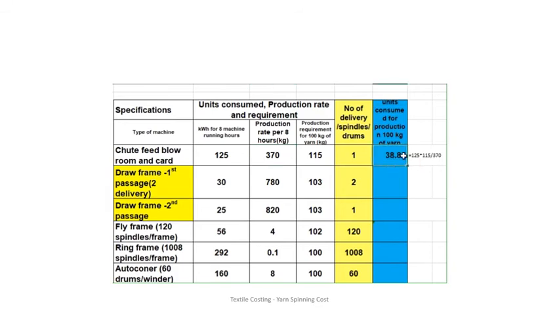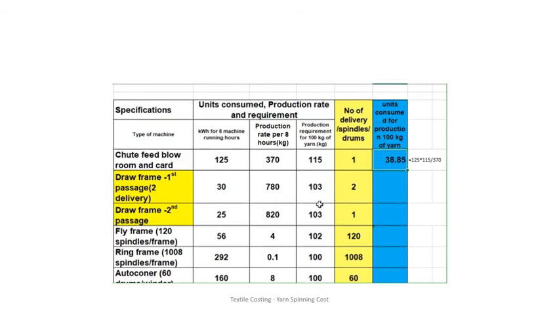So we get the units consumed to be 38.85 for the card and blow room totally for 100 kg of yarn production. Next, first passage of the draw frame, similarly 30 into 103 divided by 780 into 2. So 1.98.